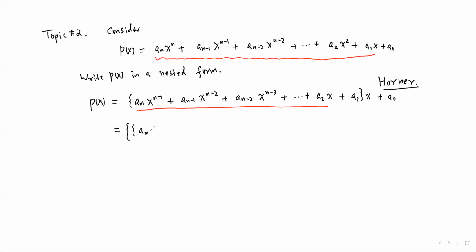One x is out, so a_n x^{n-2} plus a_{n-1}x^{n-3}, then a_{n-2}x^{n-4}, and a_2 with x out, so times x plus a_1 times x plus a_0. Continue the factorization.